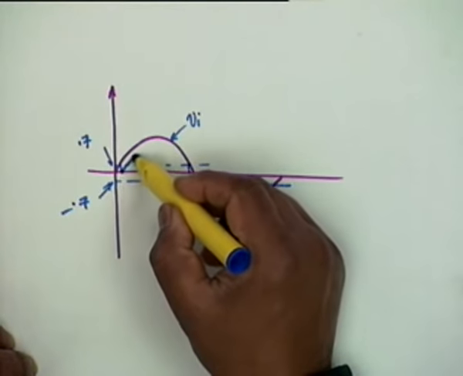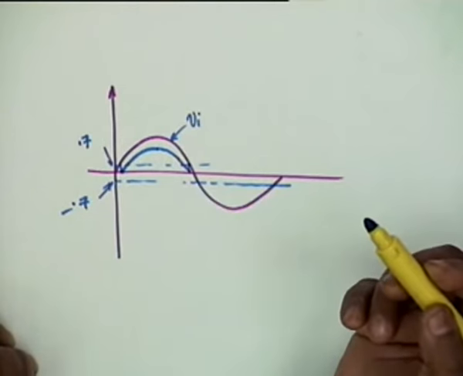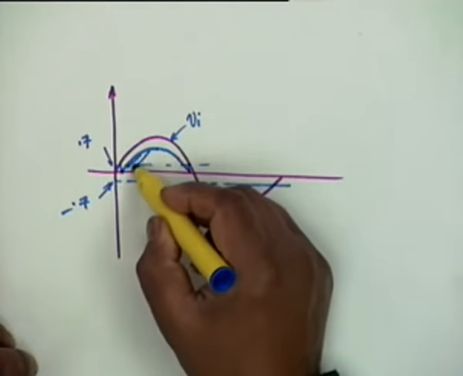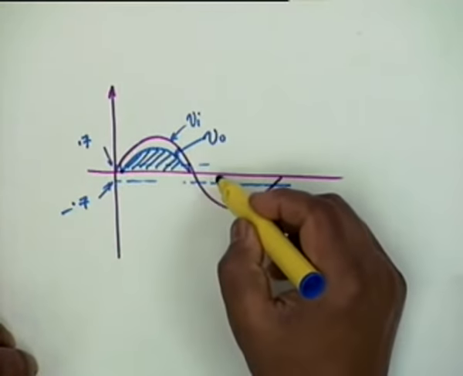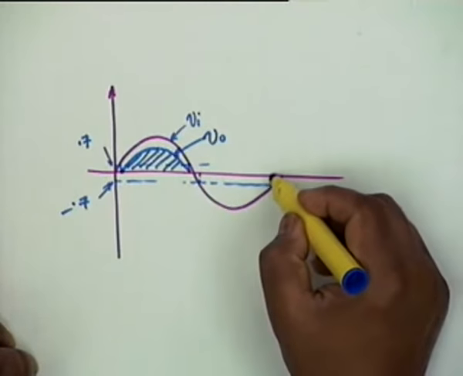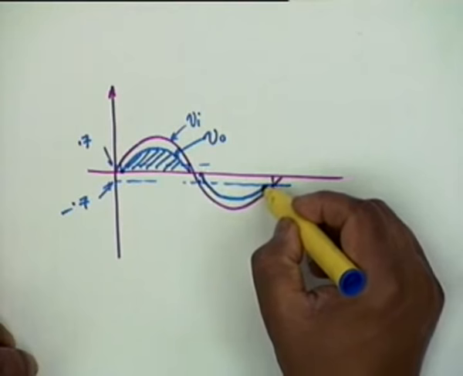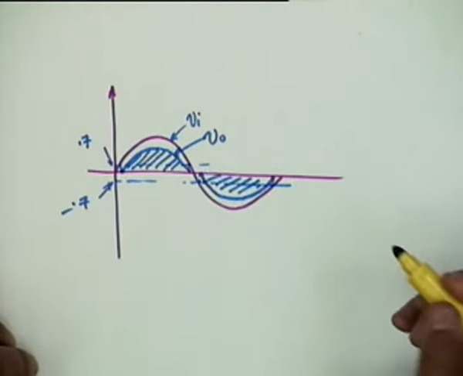So it would be something like this, where the two curves are exactly parallel with a difference of 0.7 volt, and this would be the output V0, and on the negative cycle the conduction will start here and you will get a curve like this, which is also exactly parallel to the VI curve, but with a difference of 0.7.